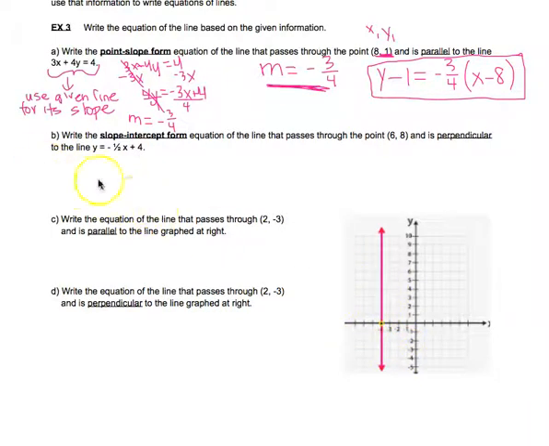All right. Part B, write the slope-intercept form equation of the line passing through the point 6, 8 and perpendicular to the line y equals -1/2x plus 4. So again, use the given line for its slope. The slope of this line is -1/2.